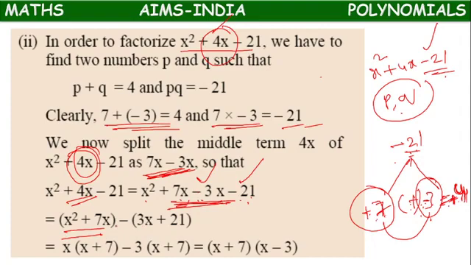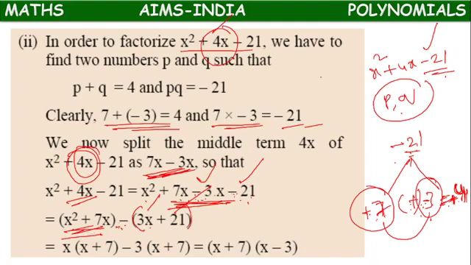We can take minus common. If we take minus common and use brackets, the sign inside will change. Minus 3x, minus we have taken common, it became plus 3x. Minus 21, minus we have taken common, it became plus 21. Okay.